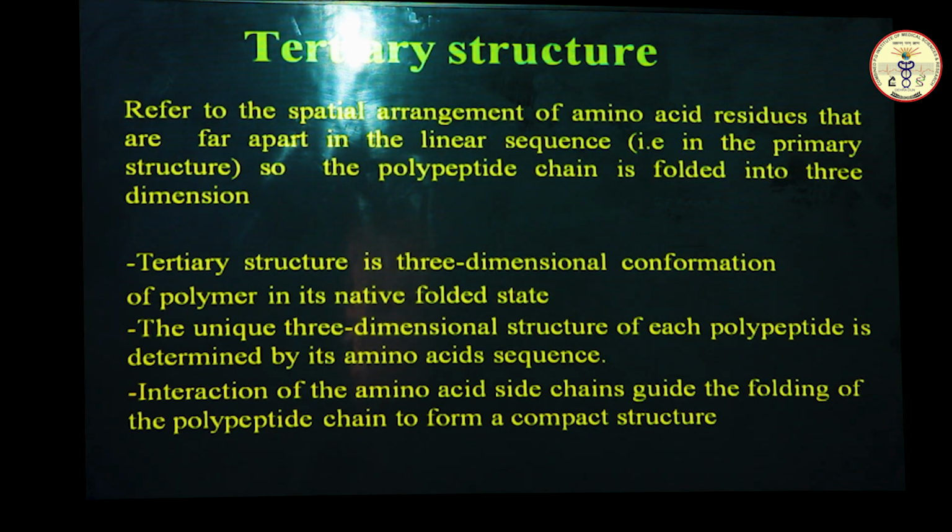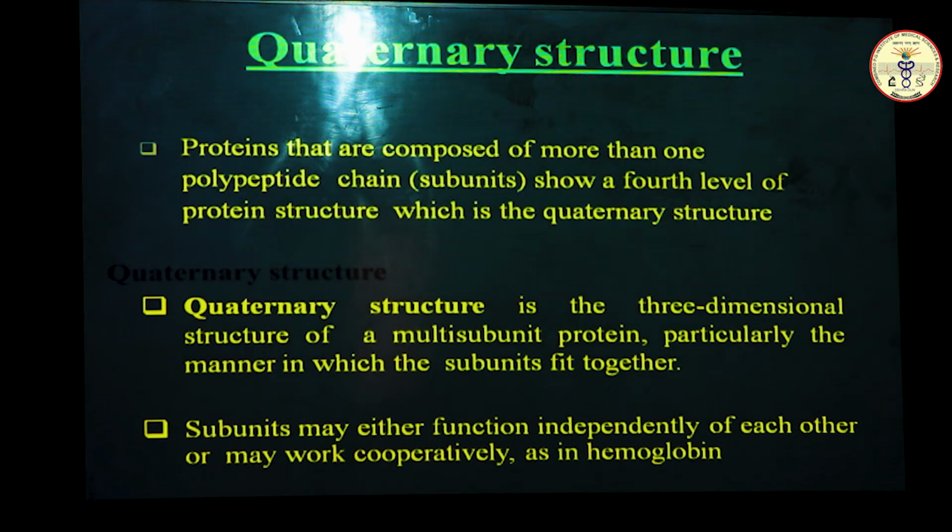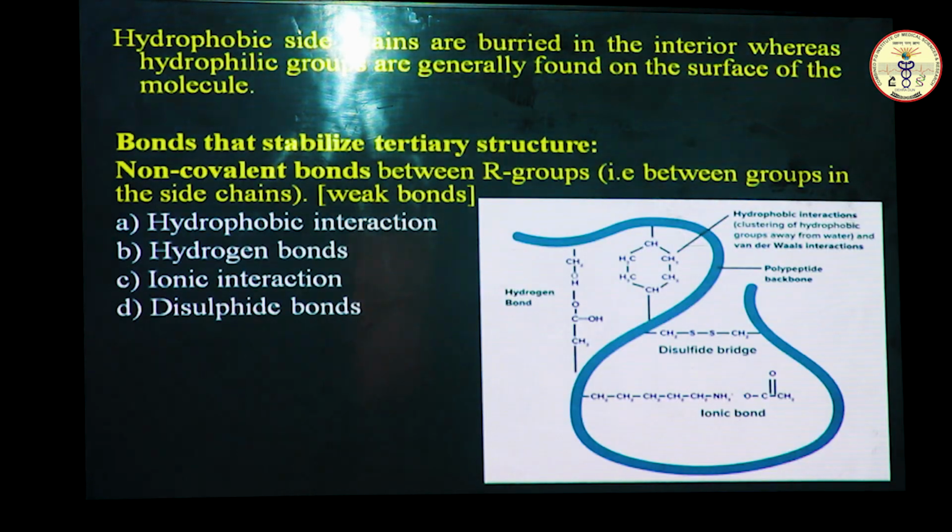The protein is folded in the 3D structure. As we can see here, the hydrophobic interaction in the interior of the protein and the disulfide bridges stabilize the 3D structure, the tertiary structure of the proteins.